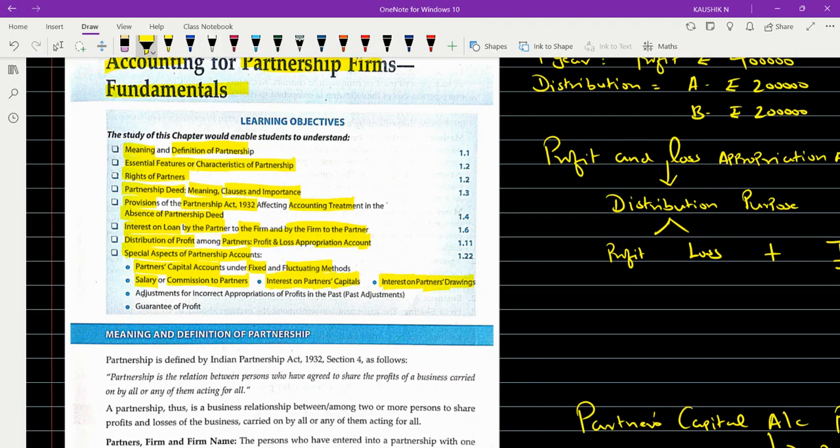And then comes adjustments for incorrect appropriation of profits in the past, which we call past adjustments. Some errors would have taken place. Even though we follow rigid accounting principles or policies, at times we may go wrong.